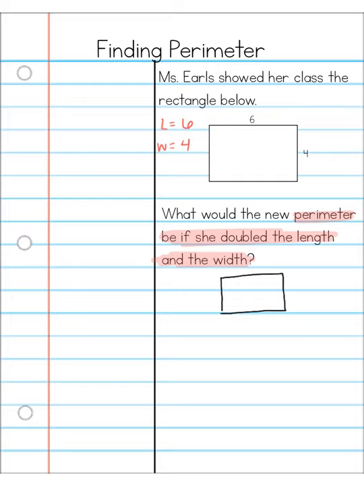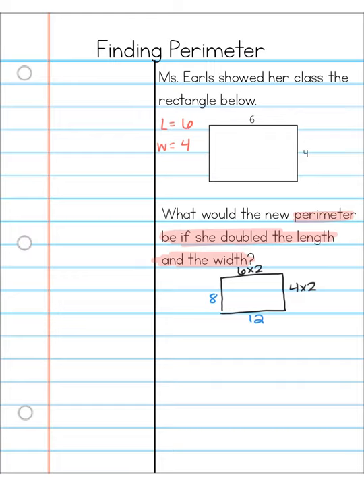And on that new figure, it says she doubled the length and the width. Well, doubled means 2 times. So 6 times 2 will be the new length, and 4 times 2 will be the new width. So our new length and width will be 12 and 8.